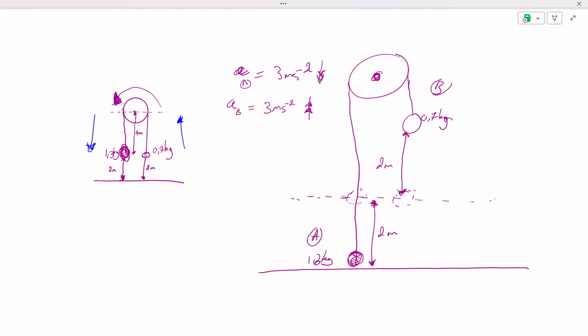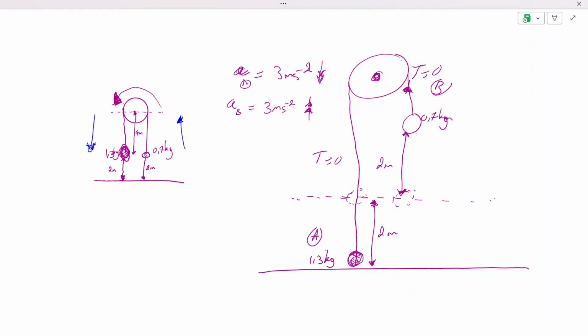As soon as the 1.3 kg mass, which I'm calling mass A, reaches the plane, there's no longer any tension pulling up the 0.7 kg mass, mass B. So the tension acting up becomes zero at the exact moment that mass A reaches the plane.